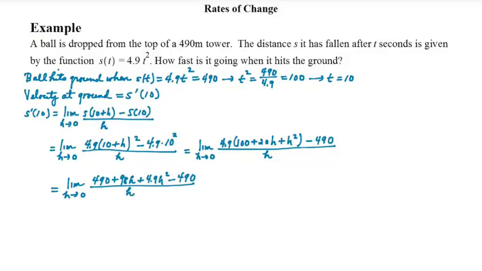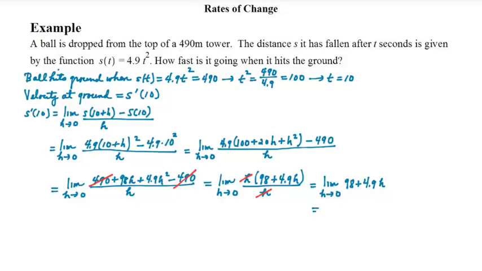And then we still have the rest of the expression. Now we can cancel the 490s and simplify. And what we've done is to factor the h in the numerator. And then we'll cancel the h in the numerator and the denominator. And finally we'll be able to take the limit as h goes to 0, and we'll find that the velocity after 10 seconds is 98 meters per second.